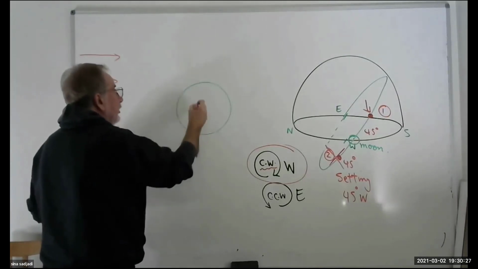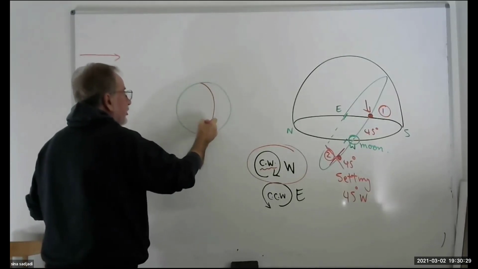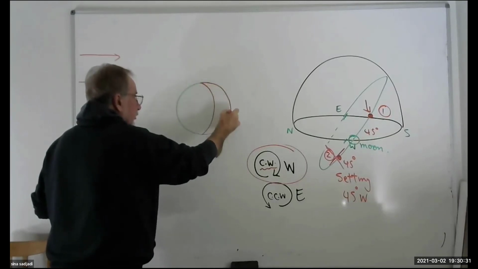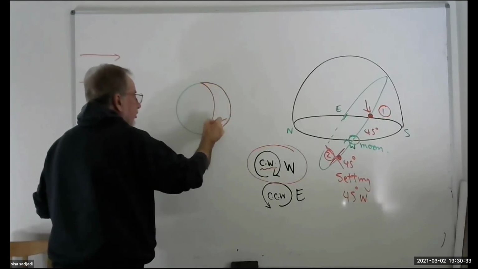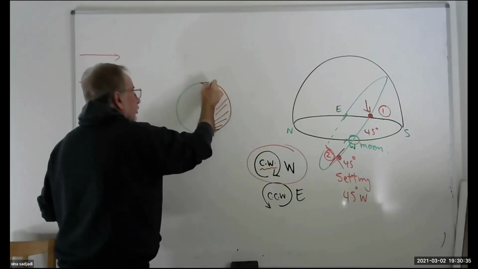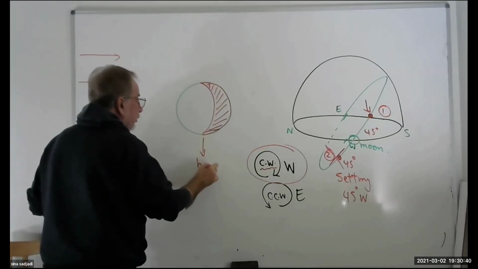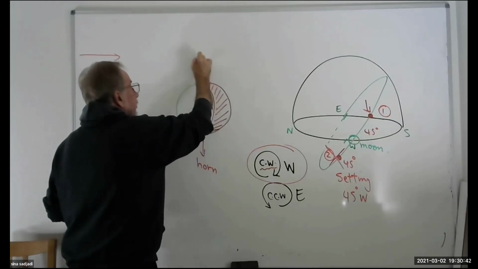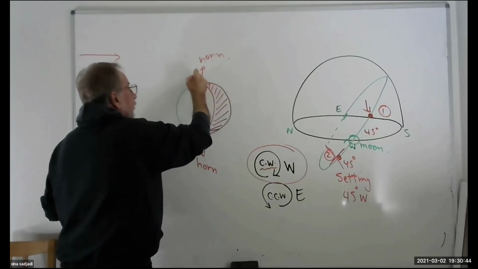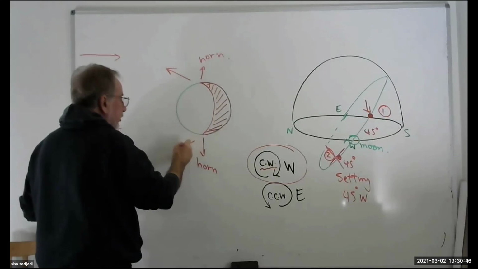And let's say here is the sunny part. So this is moonlight. Now these are the horns. One horn, second horn. They point away from the sun, right?